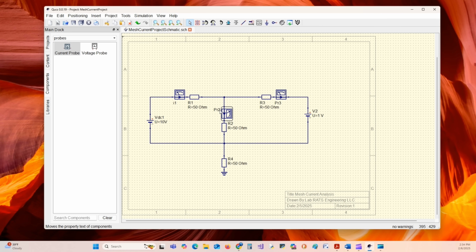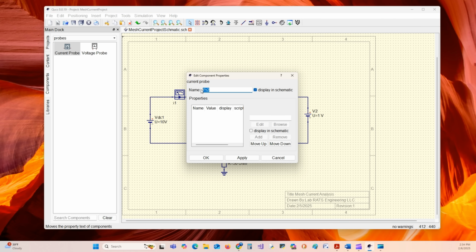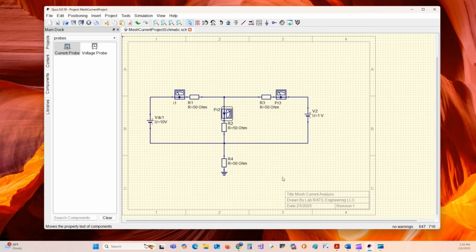Okay, so we can rename that, edit that as I1 minus I2. See, I can't do the minus sign. So I say just call it I1 and I2. Okay. We'll apply. We'll just keep it as PR2. All right.